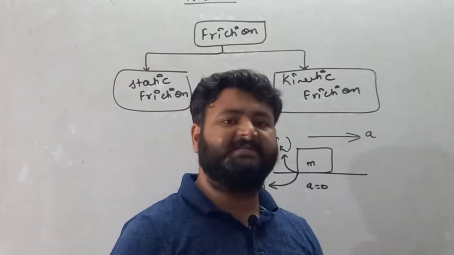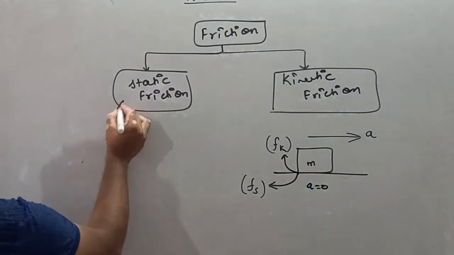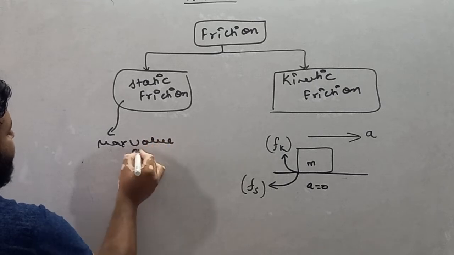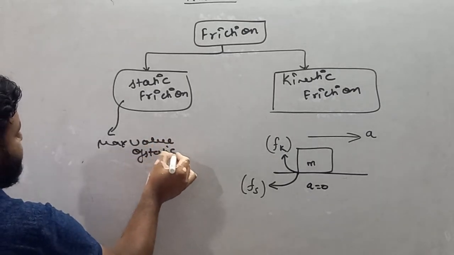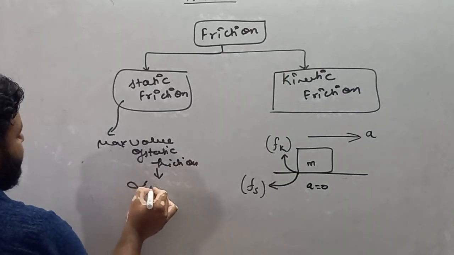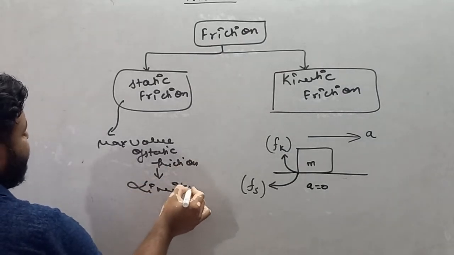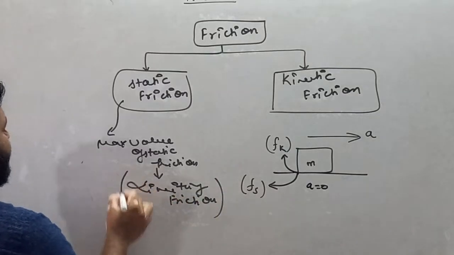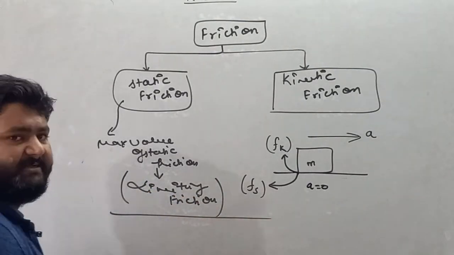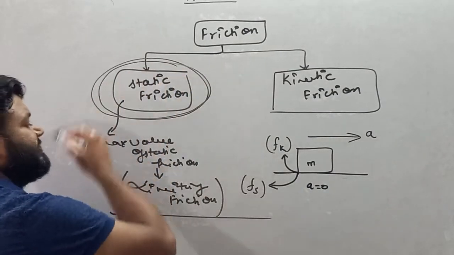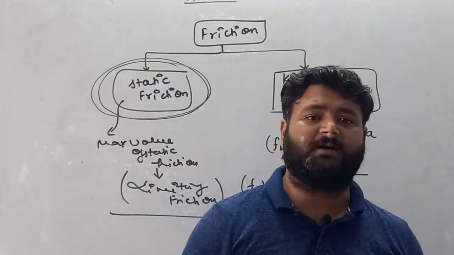In last class we discussed that the maximum value of static friction is nothing but limiting friction. So limiting friction is not another type of friction, it is basically the maximum value of static friction. And I already told you, my dear student, the value of static friction is always equal to the applied force.